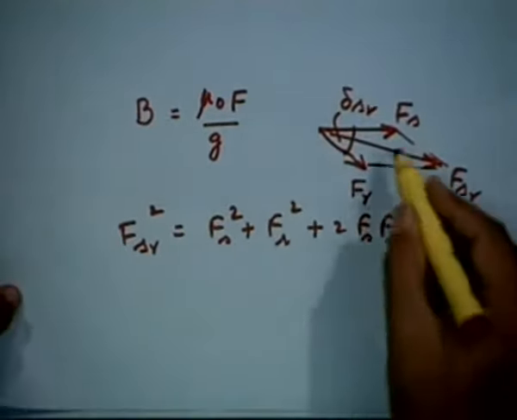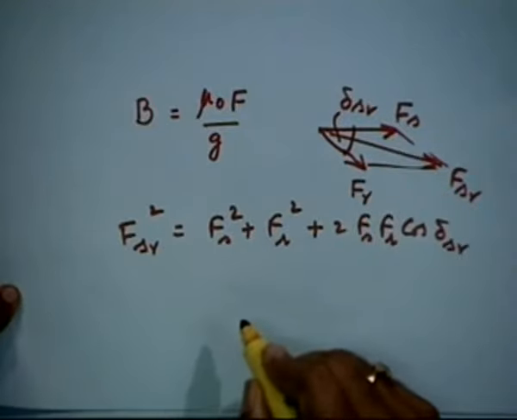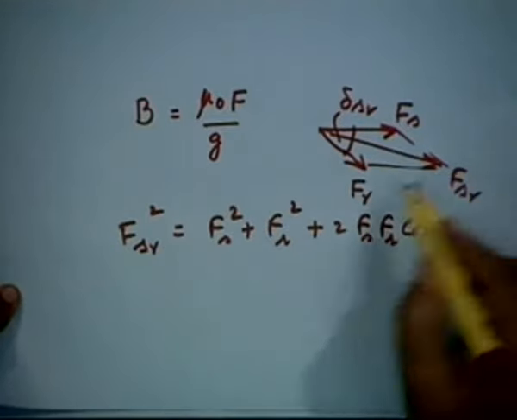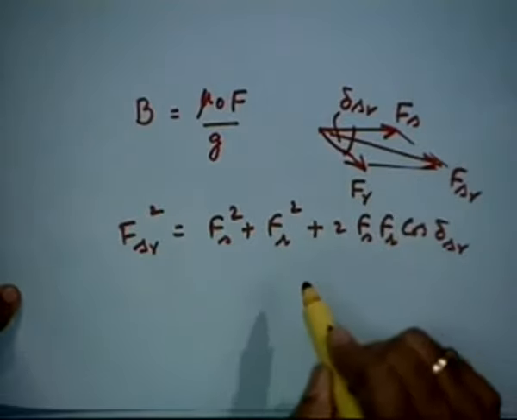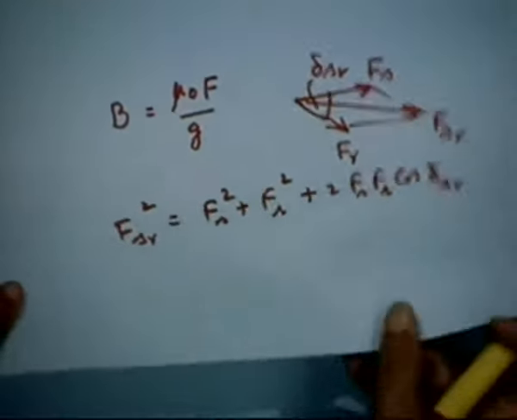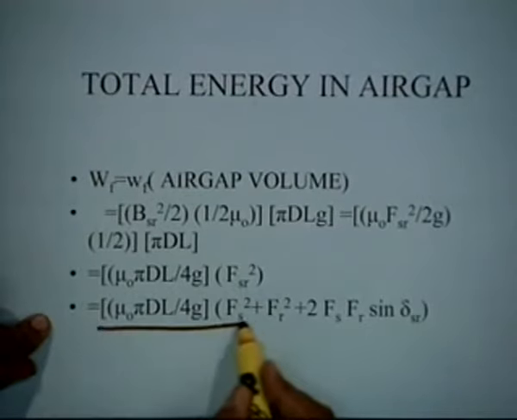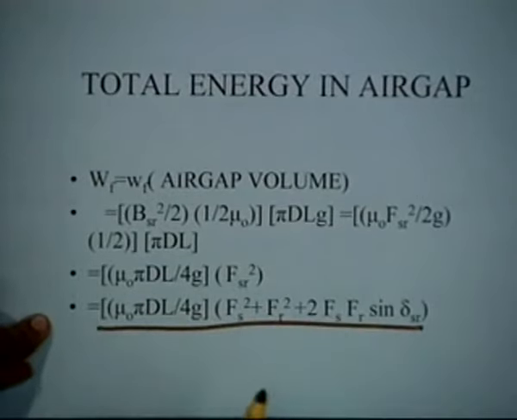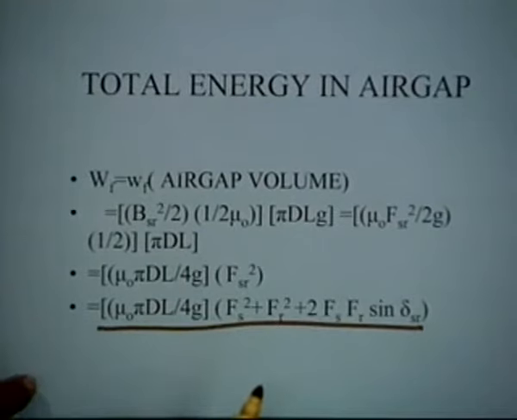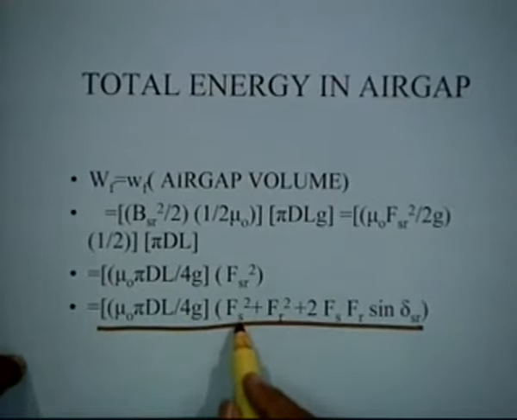This again is a geometrical simplification. F_SR² is the sum of these. So we substitute that like this, and now we get a final expression for the energy stored. The energy stored at any point depends upon the magnitudes F_S, F_R and the angle between them.